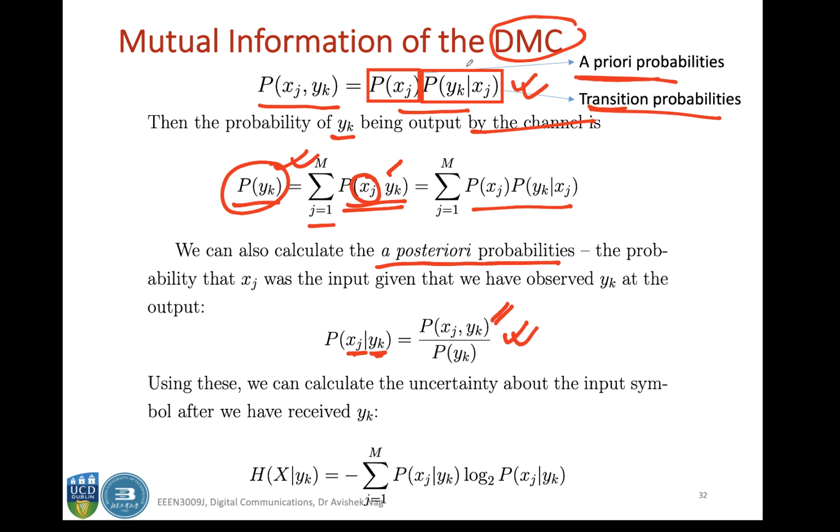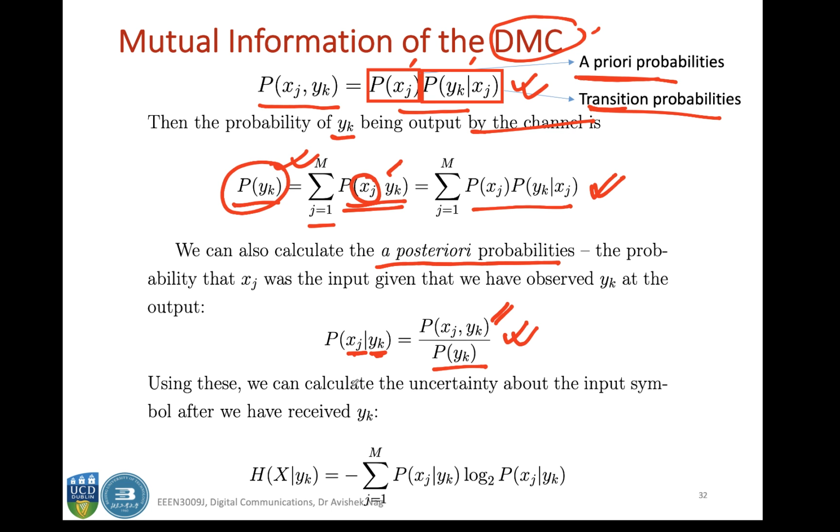These are all given. They are the parameters of the discrete memoryless channel. So you can calculate the joint probability, and then you can also calculate the probability of yk using whatever information is given.